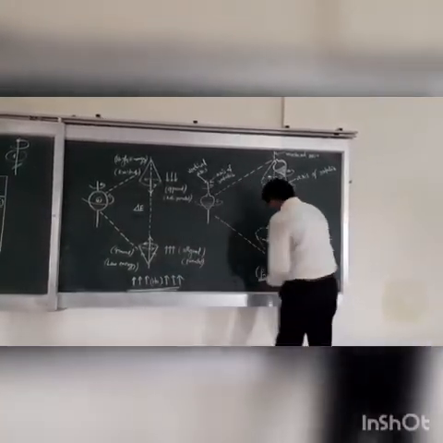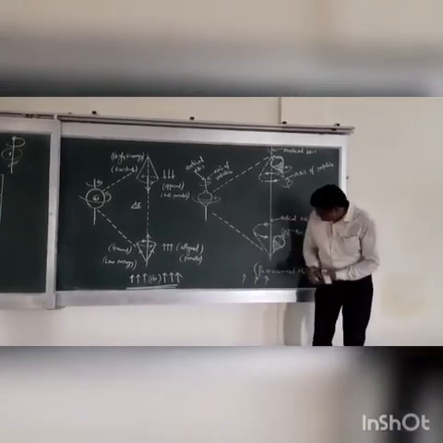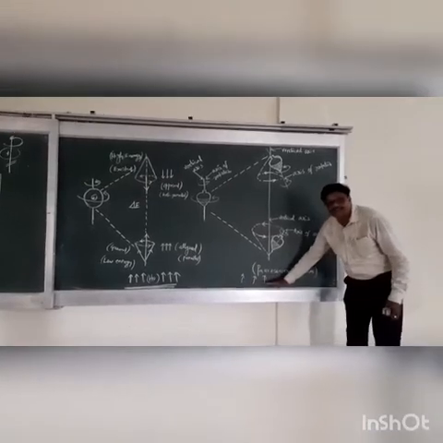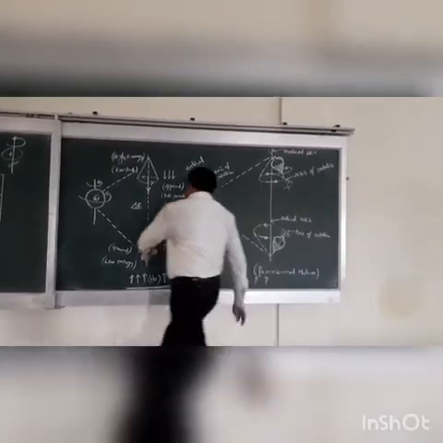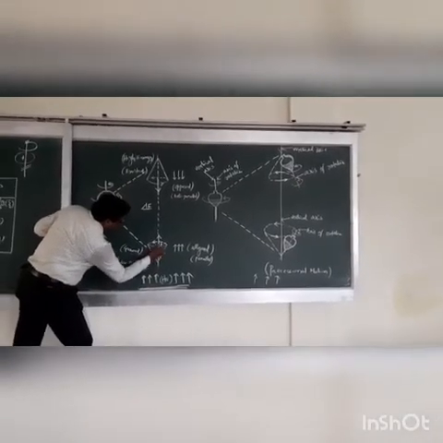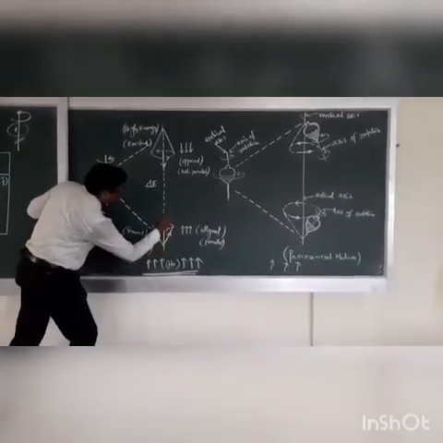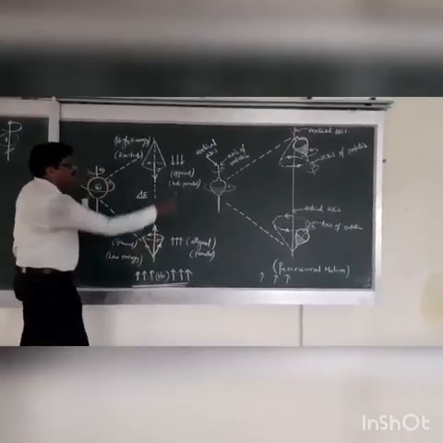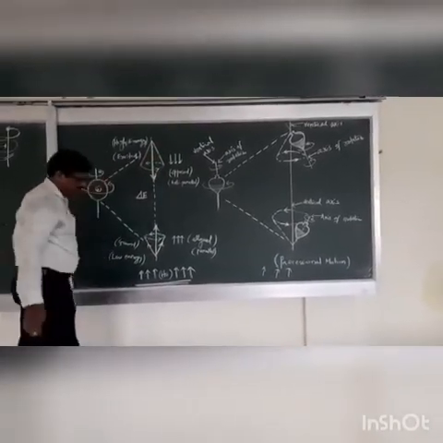Let me discuss. This is the direction of the external magnetic field. Now what happens? This is the case. As it precesses in this manner, the upper part is rotated, and this is the force, and the resultant will be in this direction.